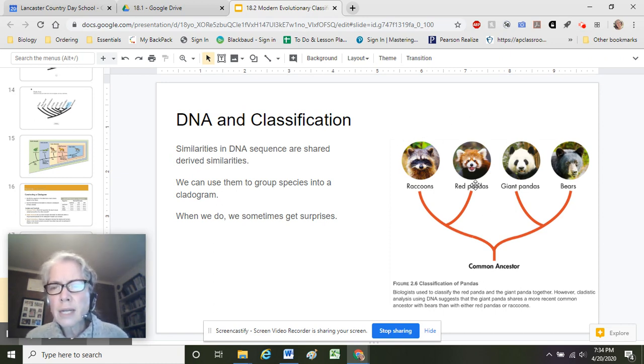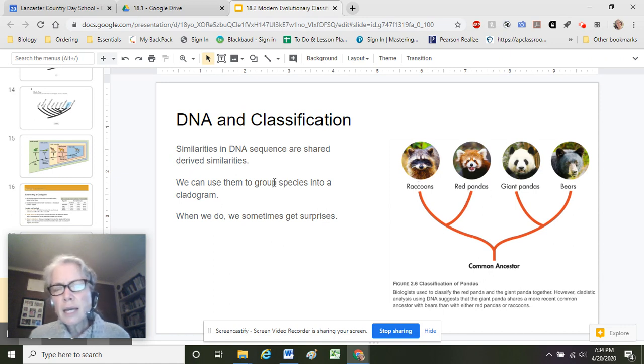So though we name this animal a red panda and this animal a giant panda, in fact they are not closely related to each other. The red panda is more genetically similar to a raccoon than it is to a panda. And the giant panda is more genetically related to bears than either of these two are related to these.